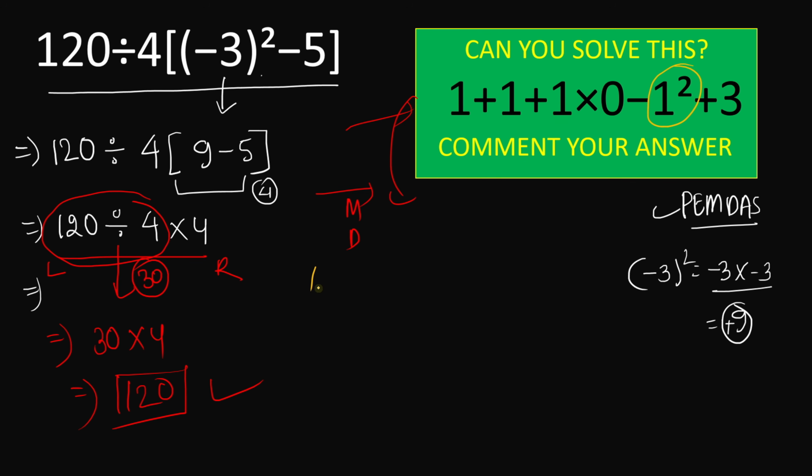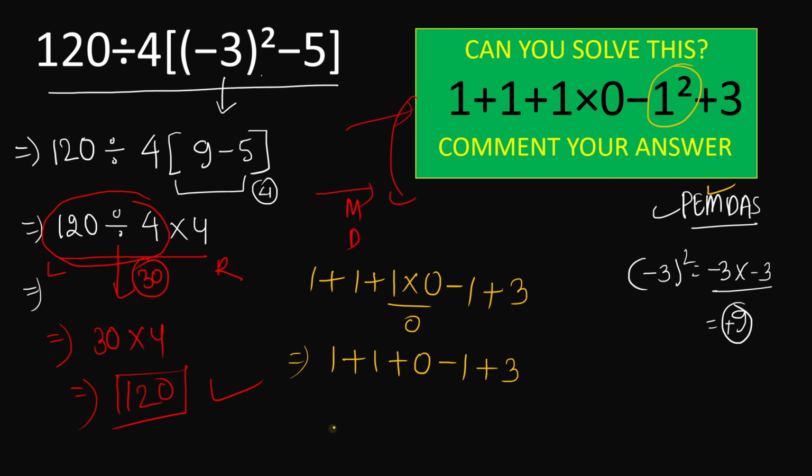So we will write 1 plus 1 plus 1 times 0, and 1 squared gives the result 1, so we will write minus 1 plus 3. Next preference is multiplication. So 1 times 0 will give the result 0 here. So we will write 1 plus 1 plus 0 minus 1 plus 3.